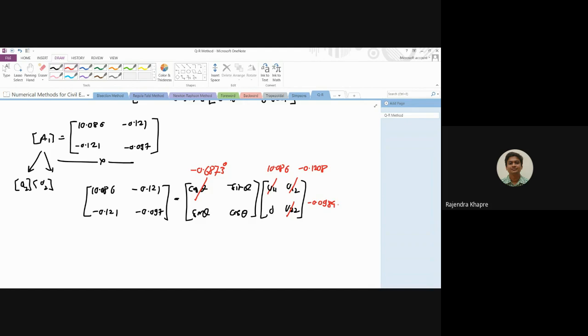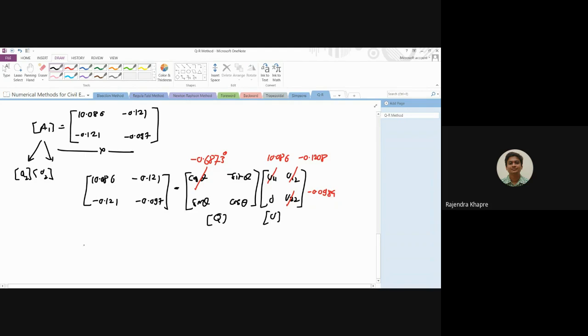So I'm sure if you substitute the value of theta in the Q matrix, you will get a matrix which is very close to the identity matrix. Okay, this is your Q matrix and this is your U matrix.